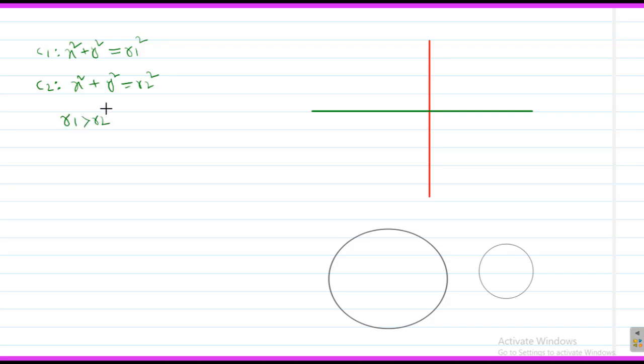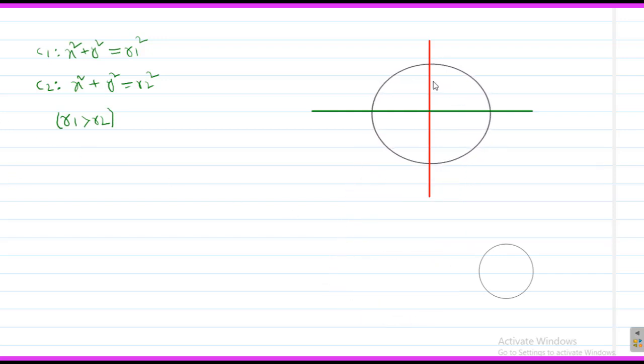This is an important thing. Observe here. This is one circle. What is the meaning of these two? By observing these two equations, you can say that they are concentric circles and their center is (0, 0). Radius of the first circle is r1, radius of the second circle is r2. Now I can call this circle C1.